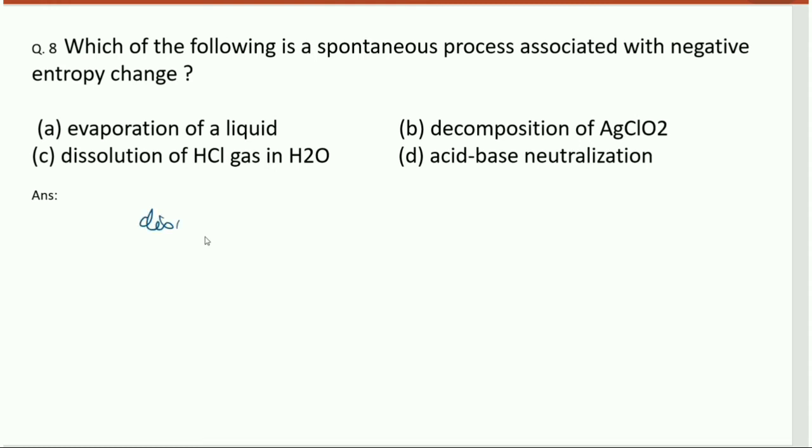So negative disorder change means the number of atoms changes from high to low, or disorder is changing in a negative slope, high to low.